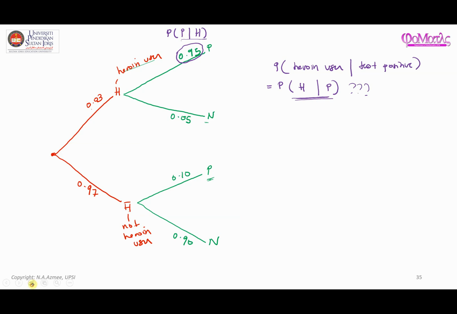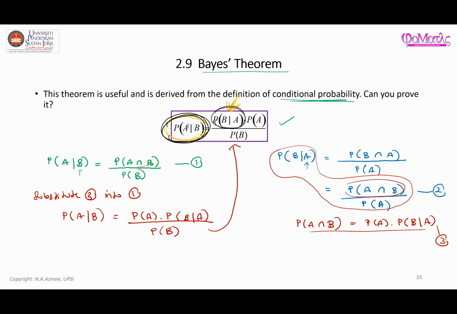Okay, so now we're going to apply Bayes' formula, which says that if you want to find the probability of H given P, it will be the probability of P given H times the probability of H, over the probability of P. Now, how do I get this formula? Well, I just consider the formula given here.